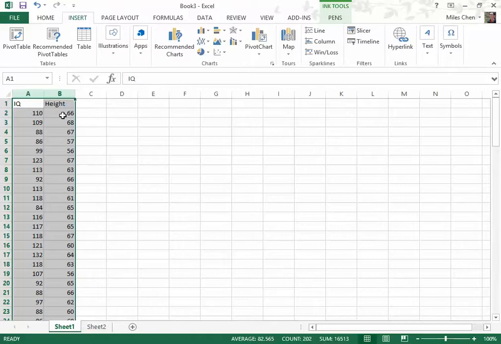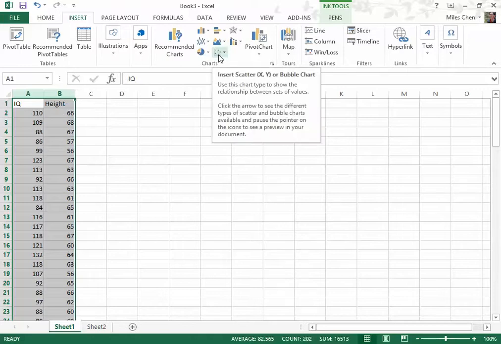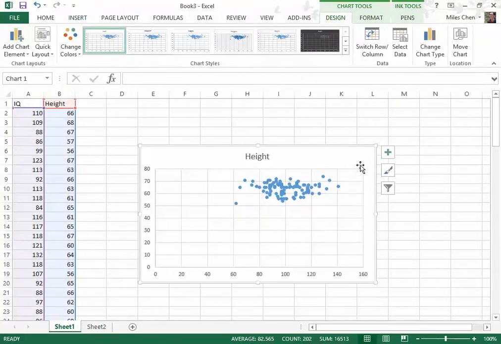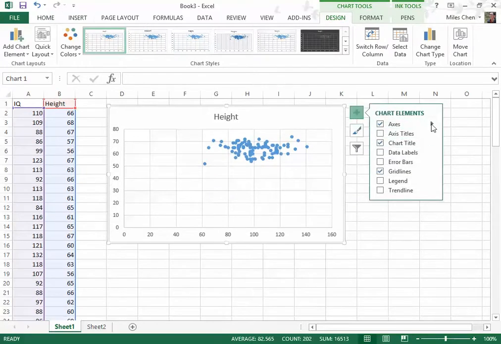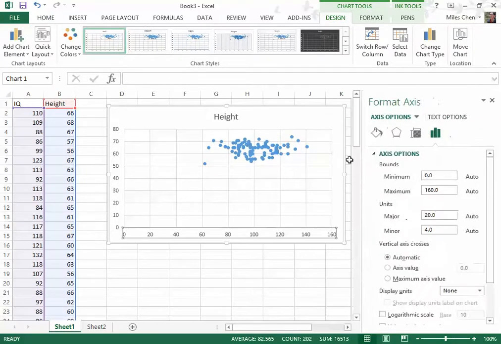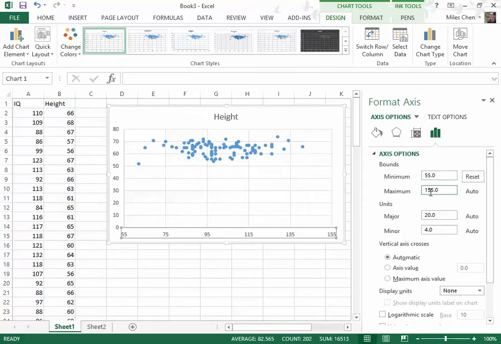So I just generated a bunch of random data here, and we're going to insert a scatter plot, and this is what we get. This is with 100 data points. Let me set the minimum to be like 55, and the maximum to be, we'll say, 150.